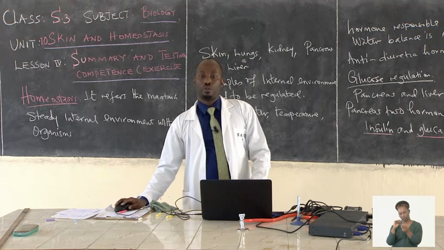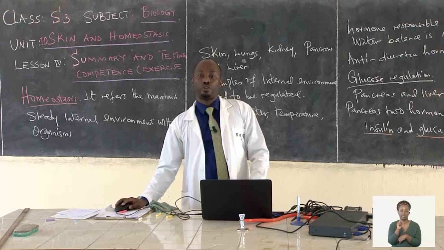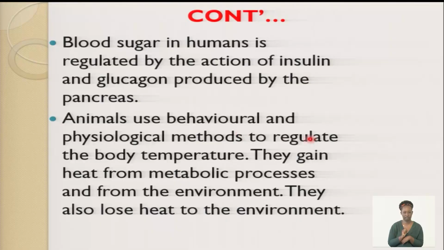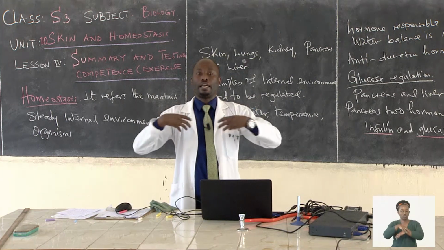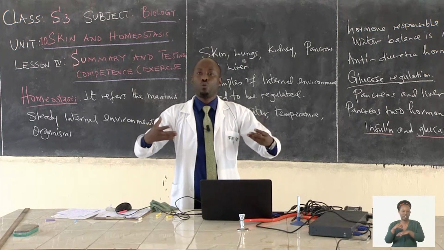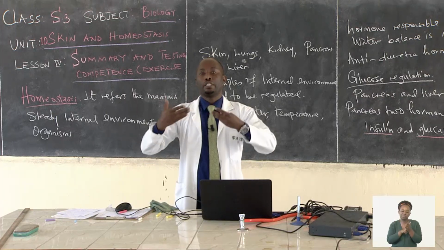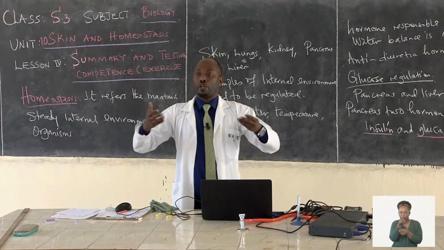Animals use behavioral and physiological methods to regulate body temperature. You talk about behavioral methods and even physiological processes. Some of you know that some animals are covered by fur or hair on their skin. How do they go about regulating body temperature? Have you ever seen a dog?